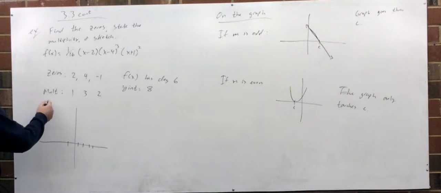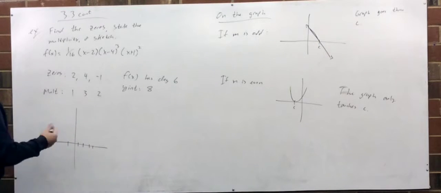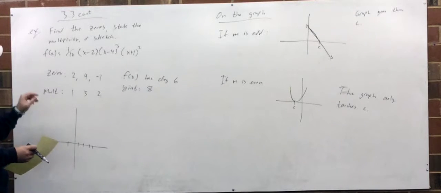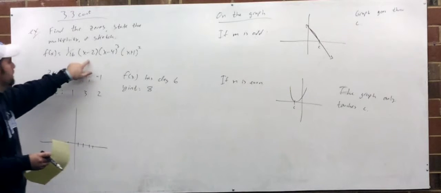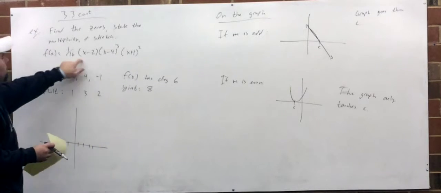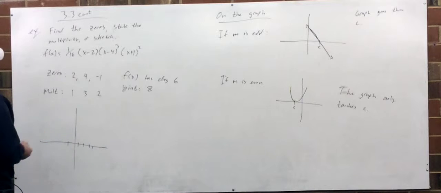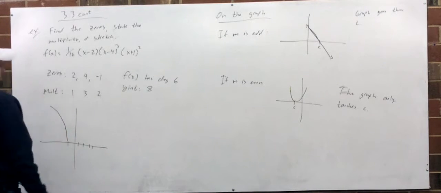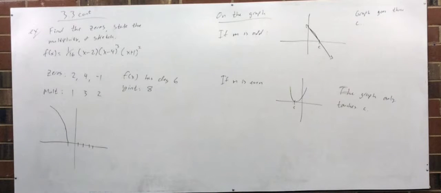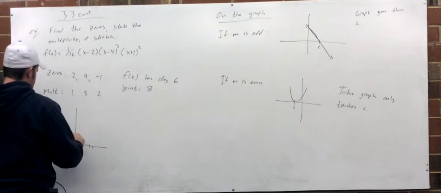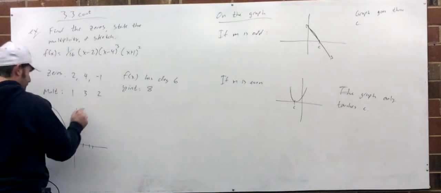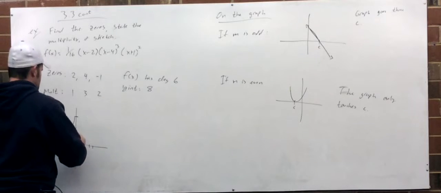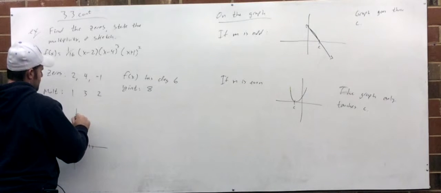Now, if we want to know whether the function starts up here or down here, we saw in lesson 3.2, I believe, or 3.1, how to do that. So I'm just going to plug negative 2 in up here. If you work it out, it's going to give you a positive y value. So we know the function's coming down like this. It's going to touch the x-axis at negative 1, but it's not going to go through it. It's going to bounce back up and go through this y-intercept of 8. So it'll touch, it'll come back up, it'll go through it.